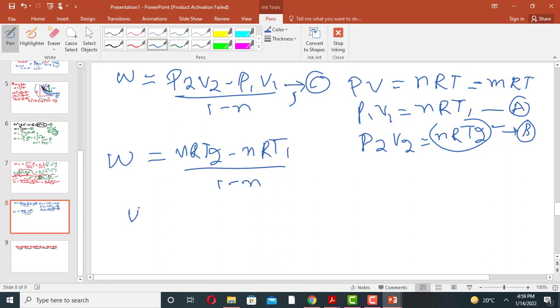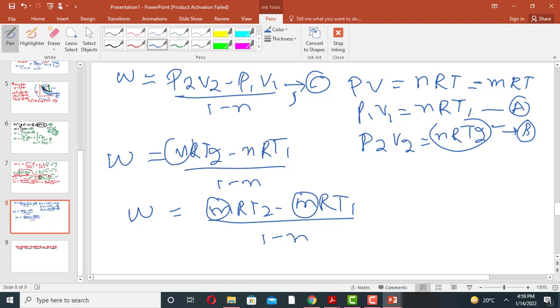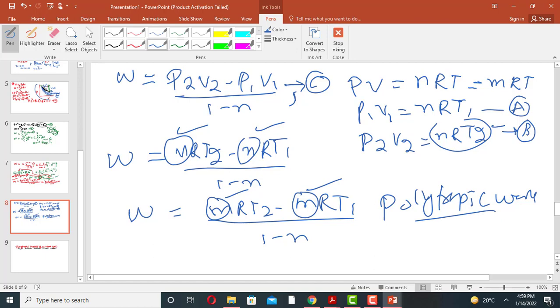Similarly, in case of mass, we can write nRT2 minus nRT1 over 1 − n, where n is the number of moles of gas, or mass of gas. So this is called the polytropic work.